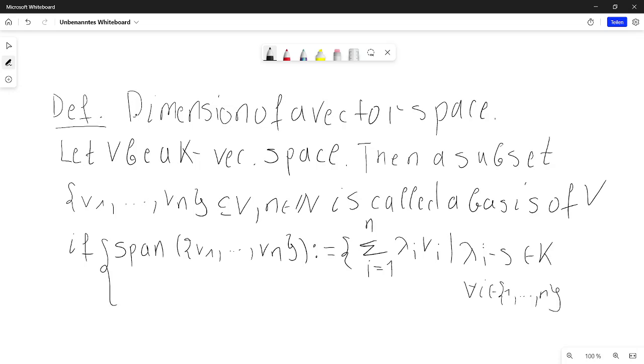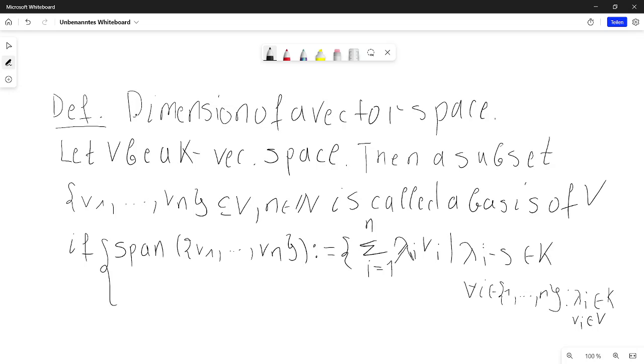the sum over i from 1 to n of lambda_i e_i, with lambda_i in K and e_i an element of V. Clearly that is in V just by the property of closedness of scalar multiplication and the property of closedness of addition, right?